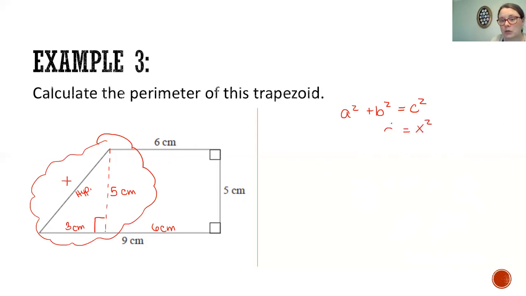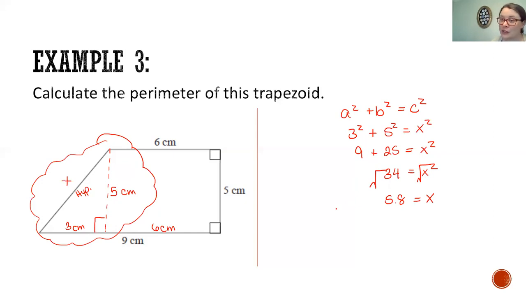Equals, we'll say 5 squared plus 3 squared. 3 squared is 9, plus 5 squared is 25, equals X squared. We get 34 equals X squared. Take your square root. And we find that 5.8 equals X.